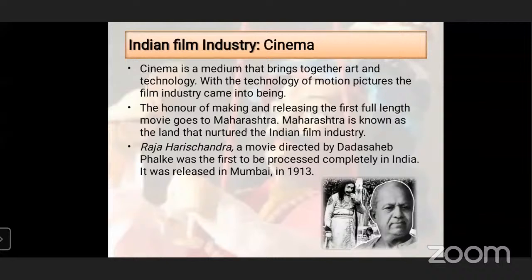Then the next one, Anand Rao Painter, the first one to make a cine camera of Indian make, also got interested in making movies. His cousin Babu Rao Painter, also known as Mistri, made Sairandhri in 1918. He made the first historical movie, Simhagad, which was a silent one.